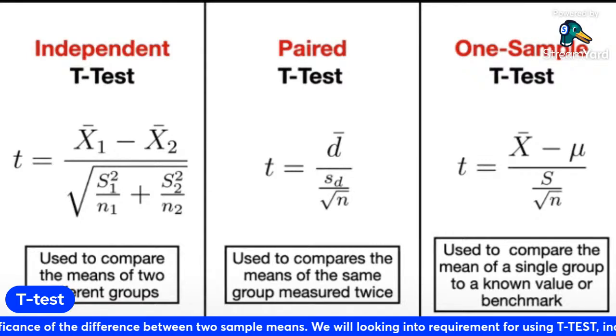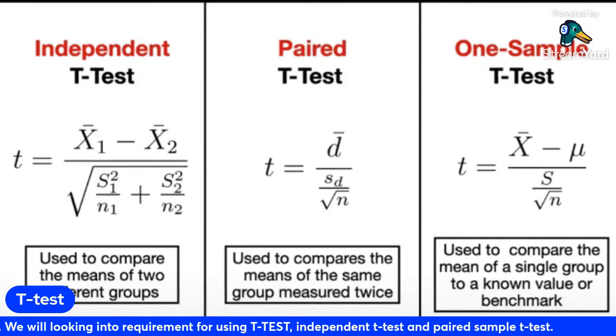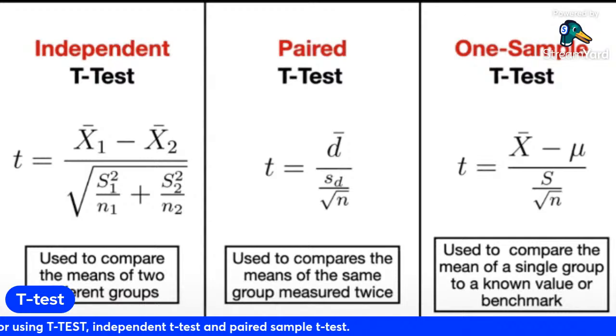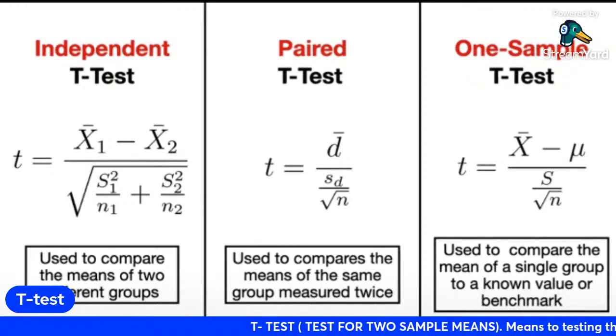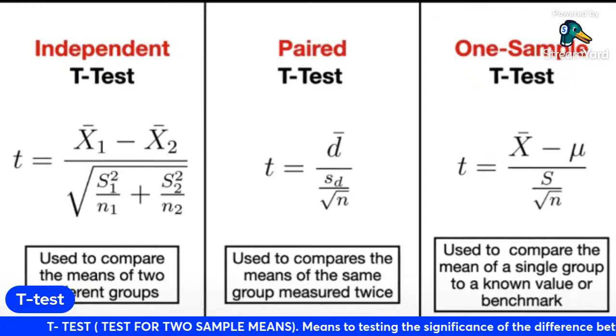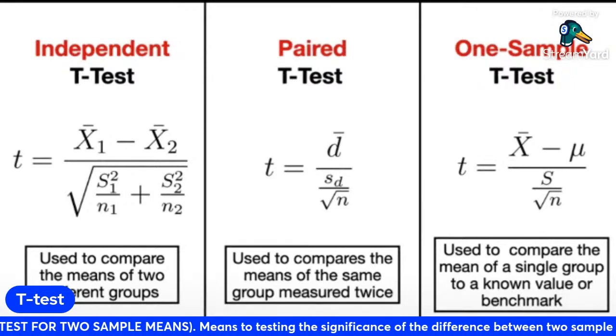The second one is the paired t-test, used to compare the means of the same measure twice. And the third type is the one-sample t-test, and as you can see from the formula, it is used to compare the mean of a single group to a known value or a kind of benchmark. So that's what I want to show you.